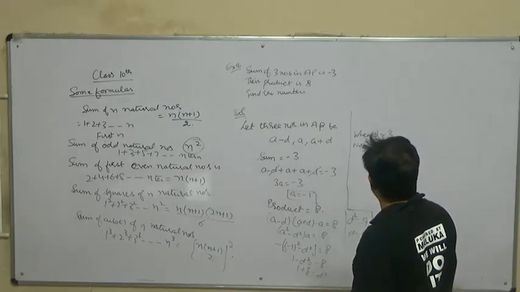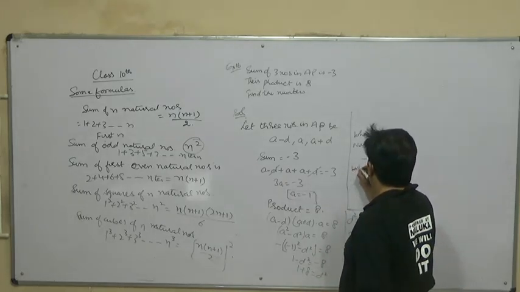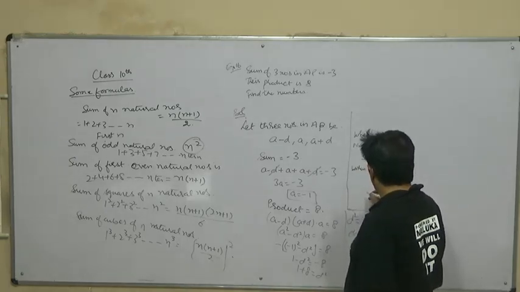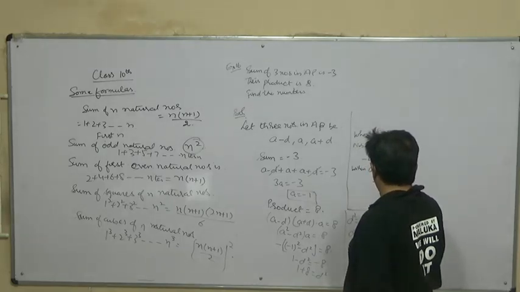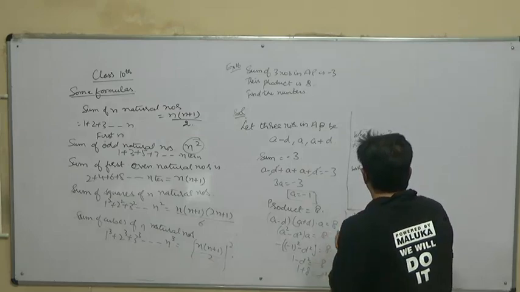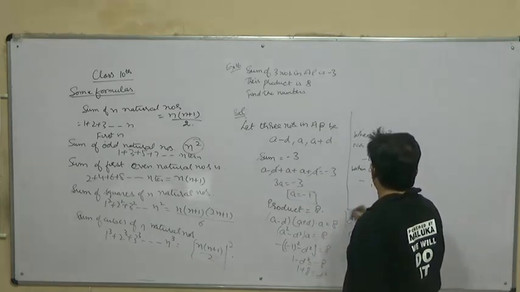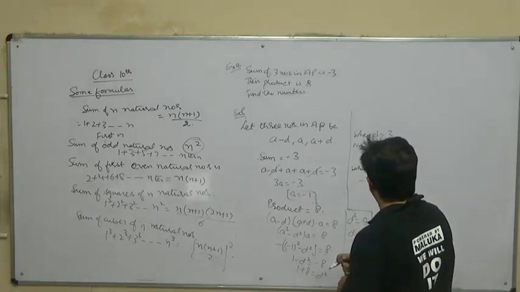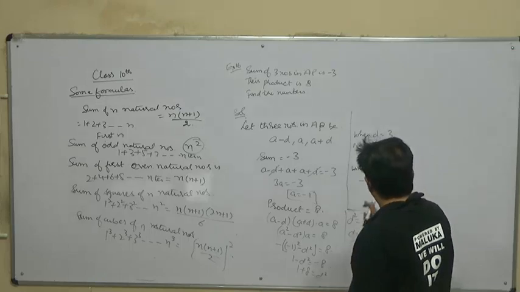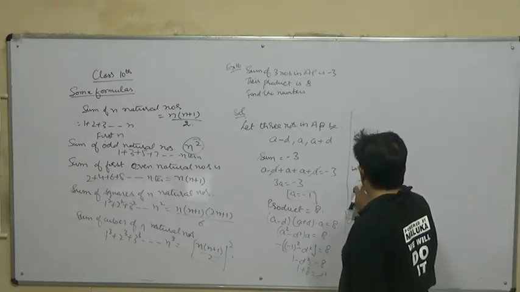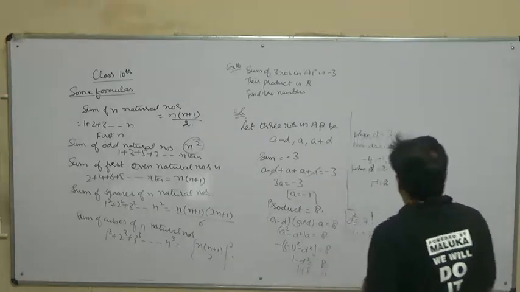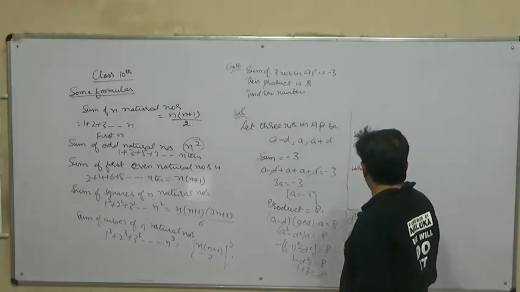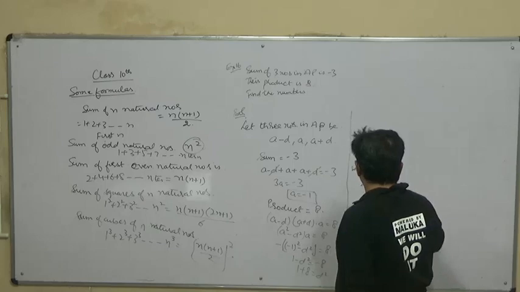So these are the numbers, and when d is equal to minus 3, the numbers will be minus 1 is a, plus 3 is 2, a minus d, and minus 1 plus 3 will be 2, minus 1 and this will be 4.